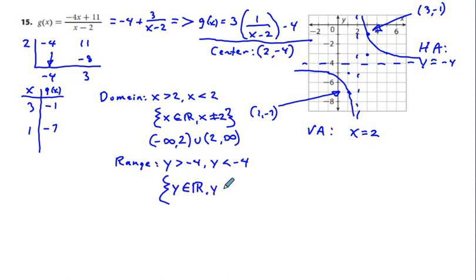However, y cannot equal -4. And finally, we have in interval notation (-infinity, -4) union (-4, infinity). So that's going to be that problem worked out.